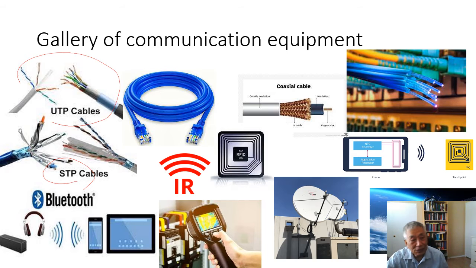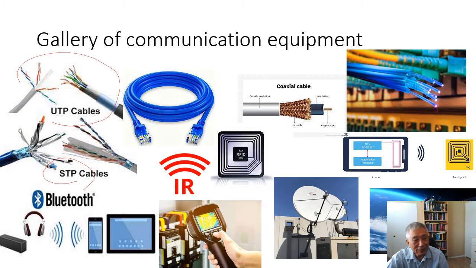Each of them has 2 wires twisted so that they can be kept in the same group, because in one cable there are many pairs for different connections. You want to make sure this is paired, this is paired, this is paired. You need the connection to get any data communicated.